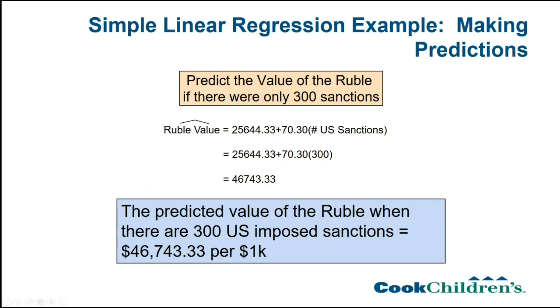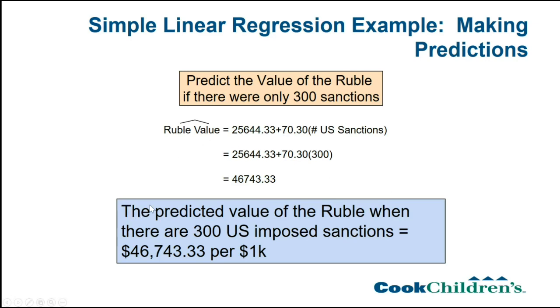If we wanted to make a prediction on the value of the ruble if there are only 300 sanctions, you can just plug into that same equation that you've extrapolated, and it'll give you your prediction based on the model that you've created from your data set.